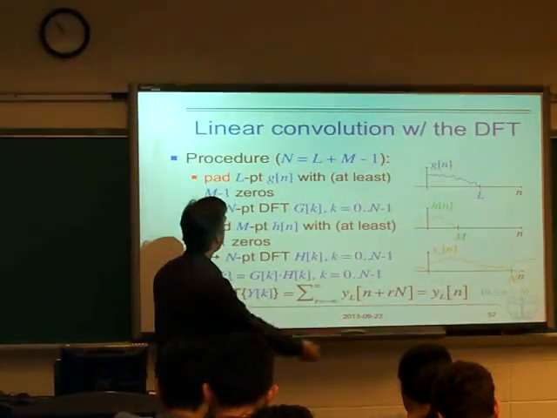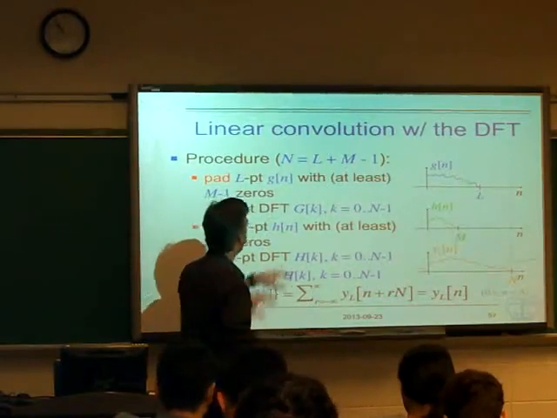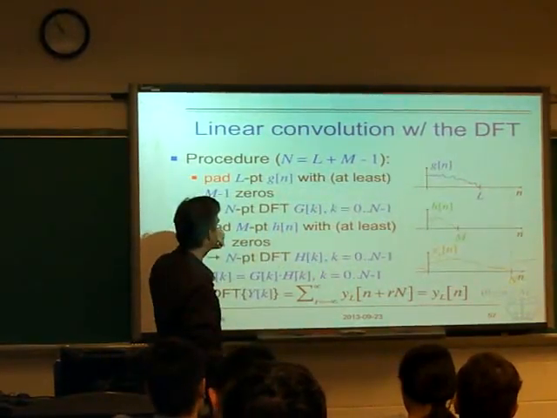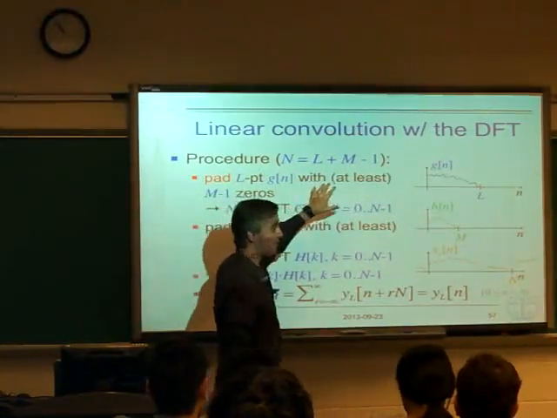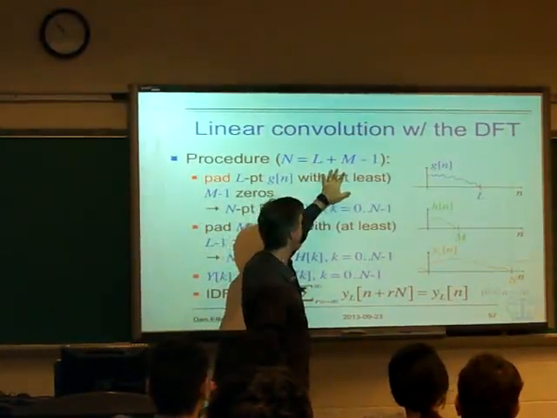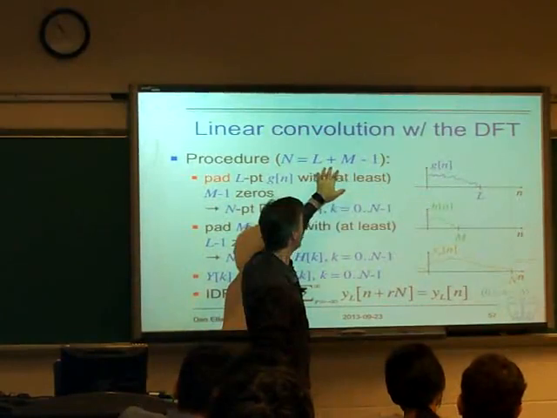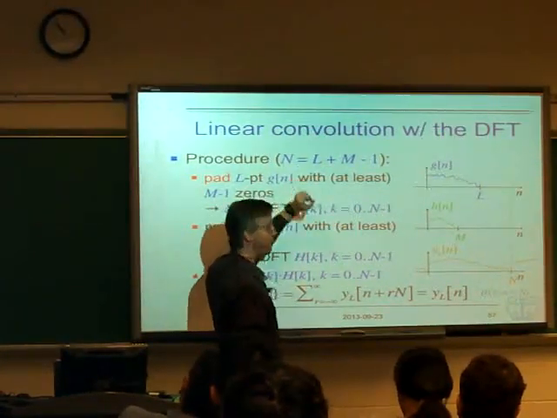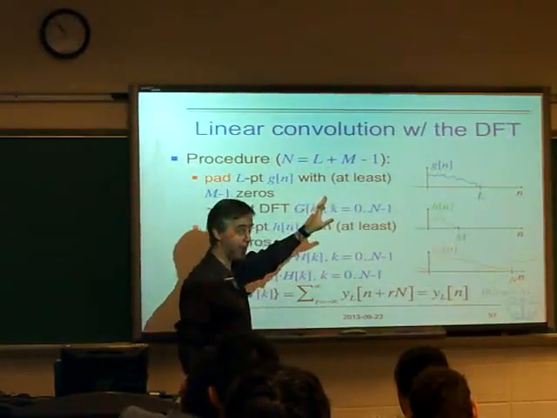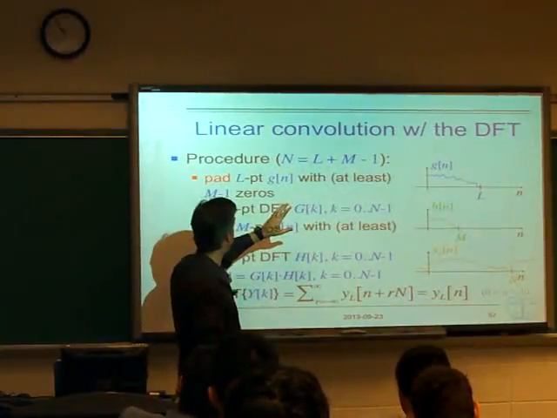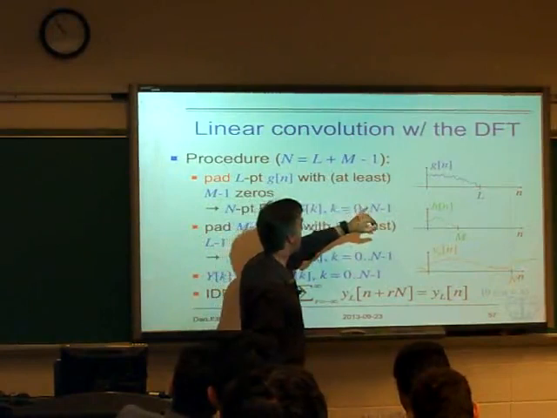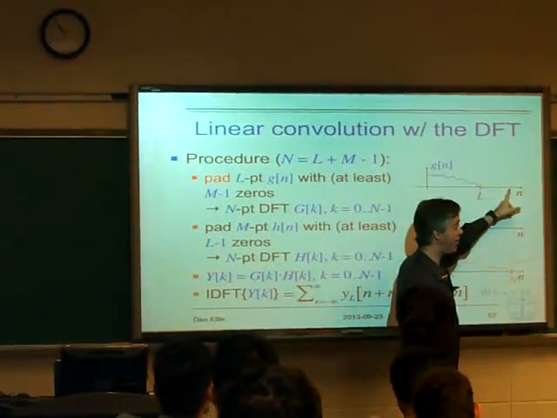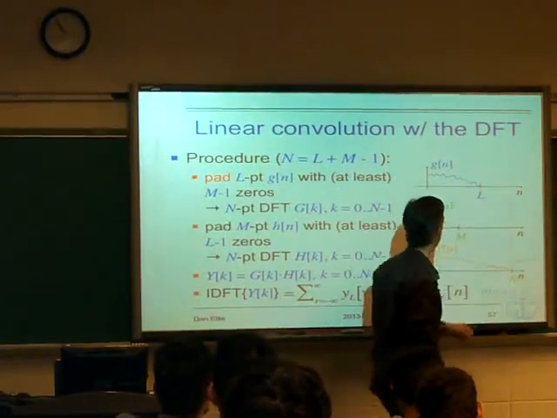So if we've got an L-point sequence and an M-point sequence, the output which is the result of our linear convolution is going to be L plus M minus 1 points. We have to use n at least as big as that, which means that n is going to be bigger than L and M. So we have our L-point sequence. We pad it with M minus 1 zeros to get an n-point sequence.